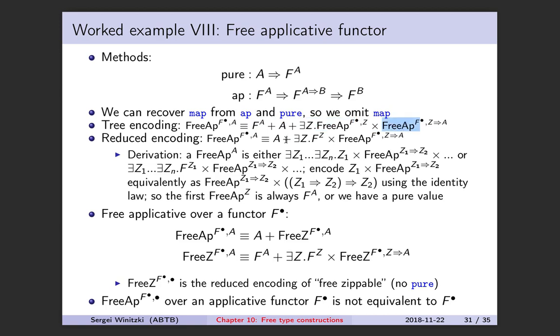Let's derive the reduced encoding. That's going to be this. So how do we derive that? We reason about what structure of the values we will have. Either we take FA and we apply a bunch of apps to it, or we take A and apply a bunch of apps to it.